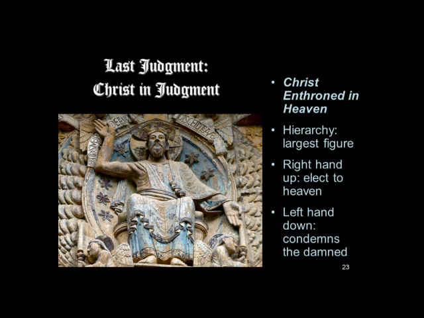I want to point out that in this view, which is taken from below, you can see how the legs project out, how much more three-dimensional and solid this figure is than, say, the sculpture that we saw at Toulouse.